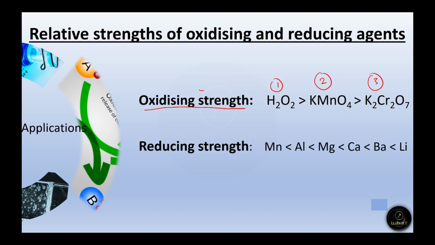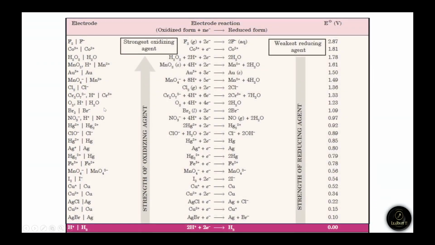So oxidizing strength of hydrogen peroxide is more than the KMnO4 than the K2Cr2O7. We can confirm it by using the electrochemical series. So here we already know that oxidizing strength is highest at the top. So we need to check from top to bottom whether the series is correct or not.